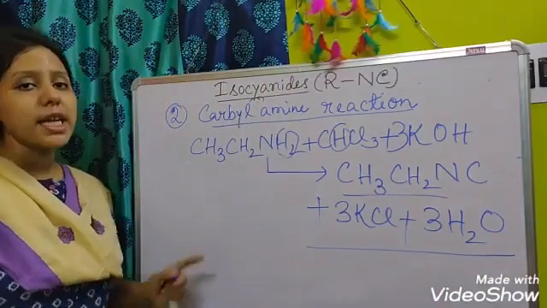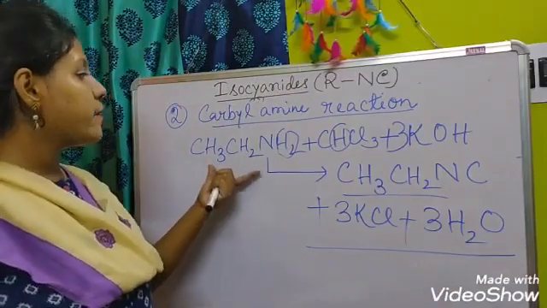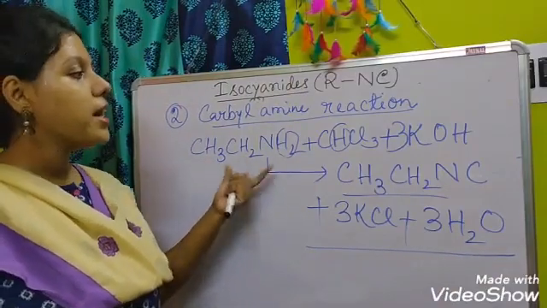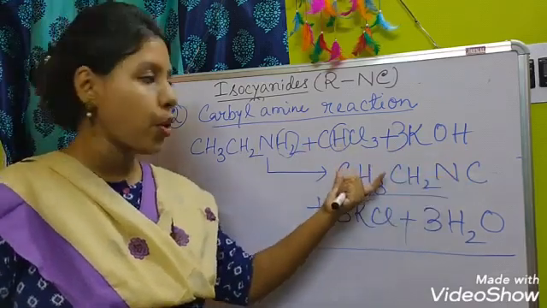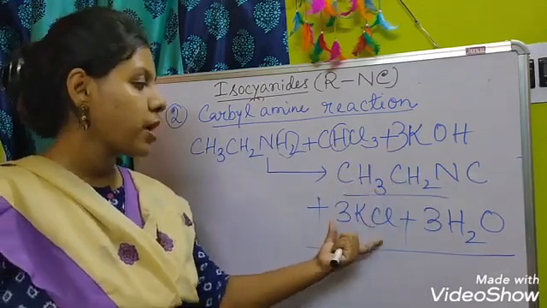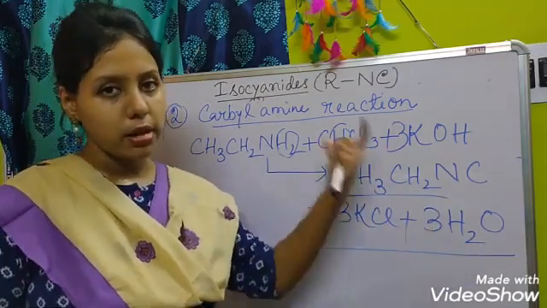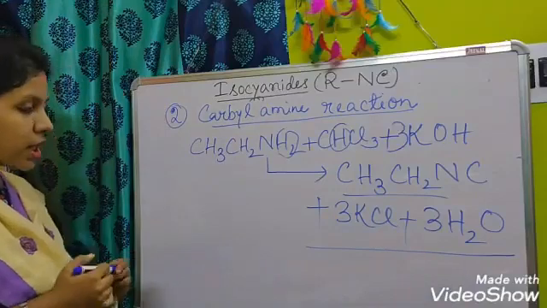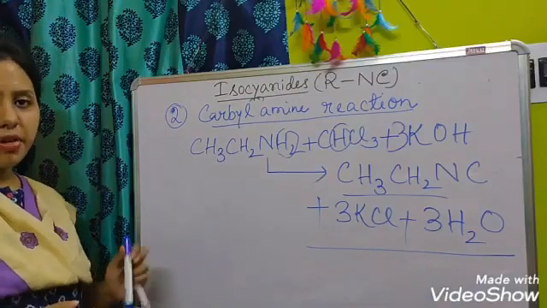So after the carbylamine reaction, starting from the primary amine and the alkaline solution of chloroform, it will make the pungent smelling isocyanide, potassium chloride and water. So this was the second method, which is known as the carbylamine reaction.